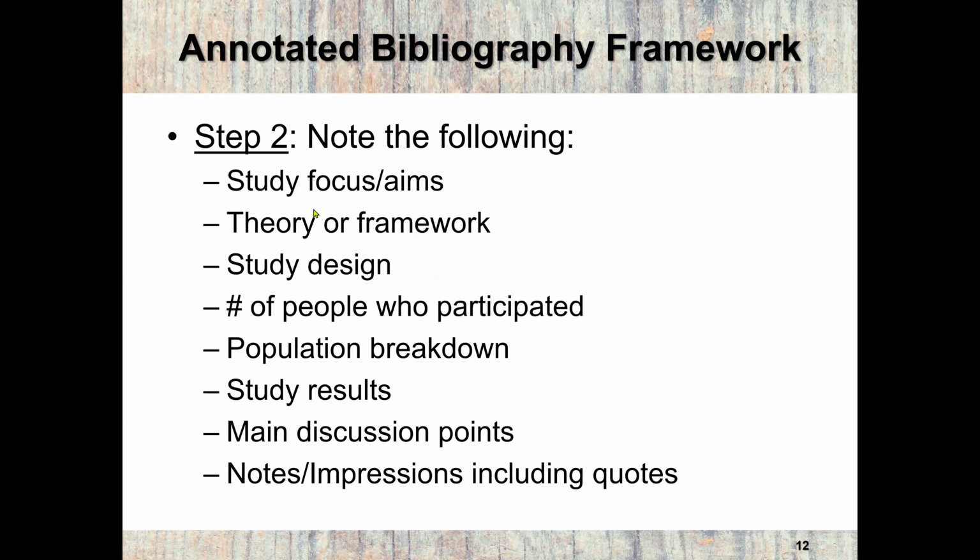So you just have to take note of the focus, the aims of the paper, the theory that was applied, or the framework, the study design, what type of study, the number of people who participated, population breakdown, study results, main discussion points, notes, and also impressions, including quotes, etc.